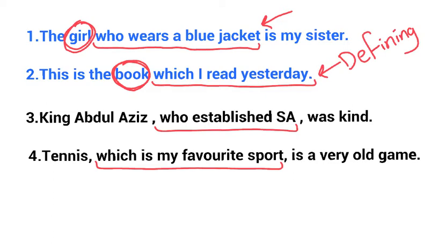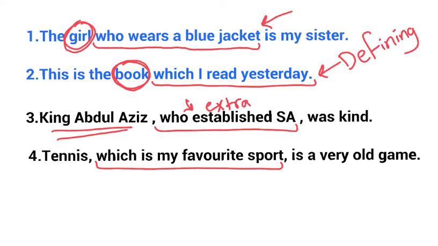Now, let's look at number three. King Abdulaziz, who established Saudi Arabia, was kind. Now, the relative clause here, who established Saudi Arabia, is not important. It is just giving extra information. Because we all know King Abdulaziz, we don't need this information. So, this information is extra information.